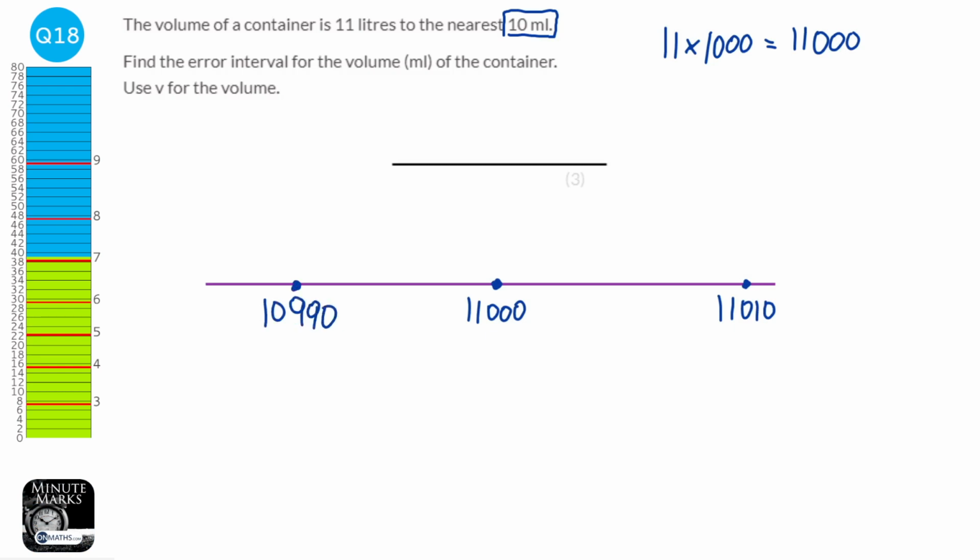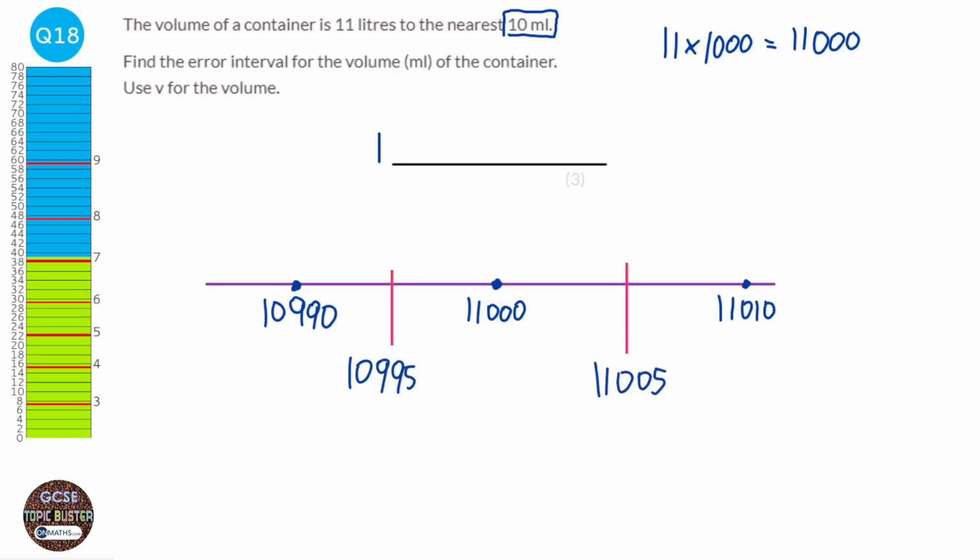Now when we're looking at limits with the upper and lower part of it, we are looking at halfway points. So halfway here and halfway here. So this halfway point will be 10,995, and the next one will be 11,005, and those are the halfway points.